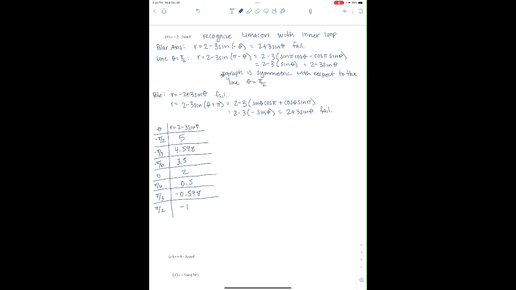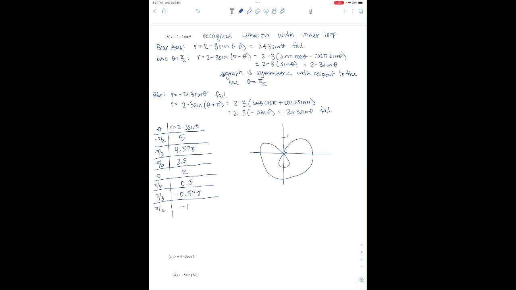So, what does this look like on our graph? Well, it has the cardioid shape with an inner loop. Something like that, but way better. Yeah, that'll just have to be the best.